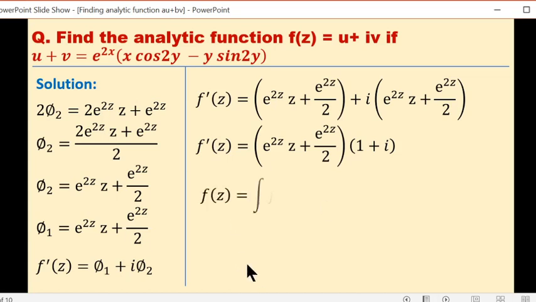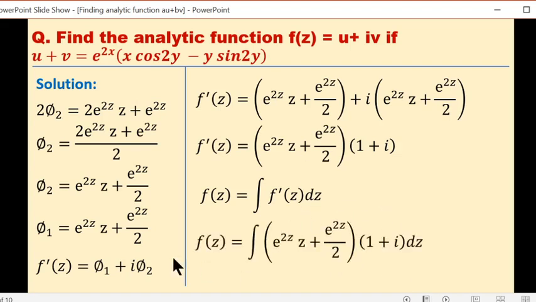Excellent. So f of z will be the integral of f dash of z with respect to z. So let's substitute this f dash of z here. So we get f of z equal to integral of e raised to 2z into z plus e raised to 2z upon 2 into 1 plus i dz. Now we have to perform this integration.